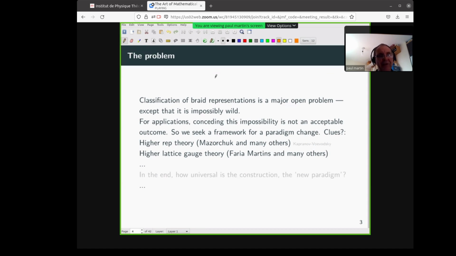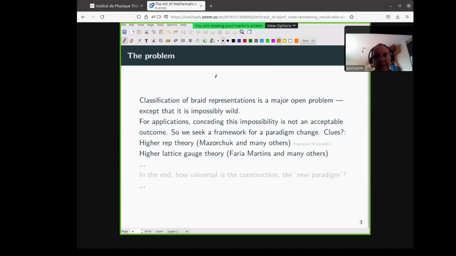Okay, so classification of braid representations is a major open problem, or at least it would be, except that it's impossibly wild, so nobody is going there. On the other hand, for applications, conceding that impossibility is not really acceptable. So here we seek a framework for paradigm change to get past that impossibility.